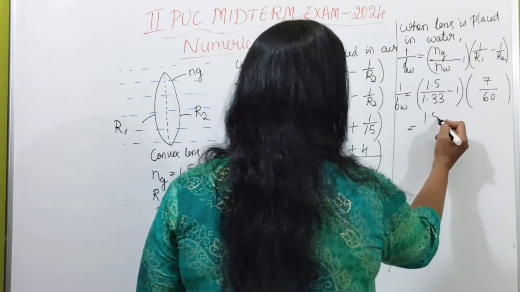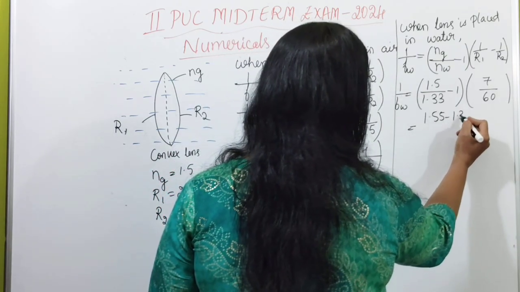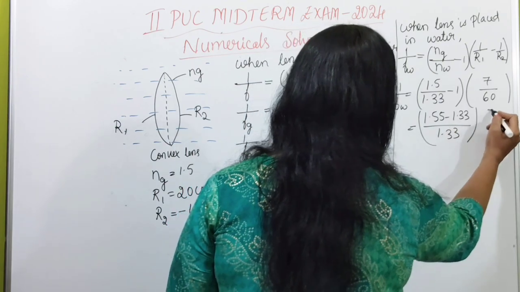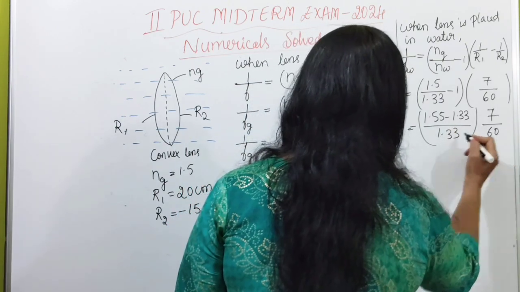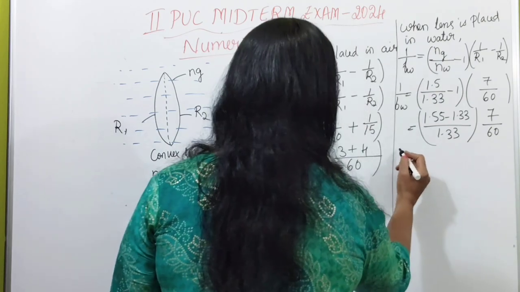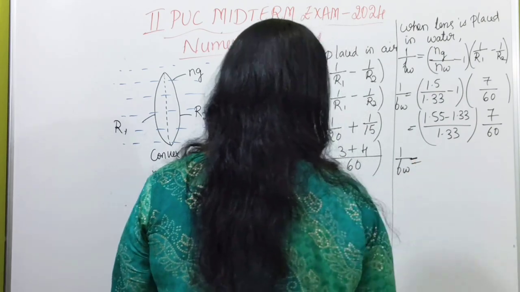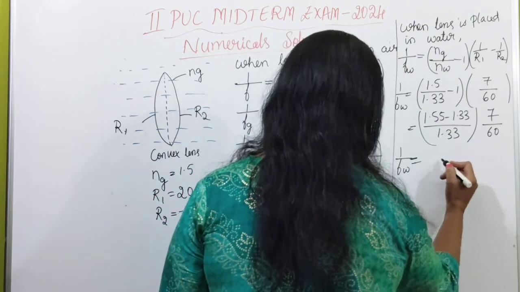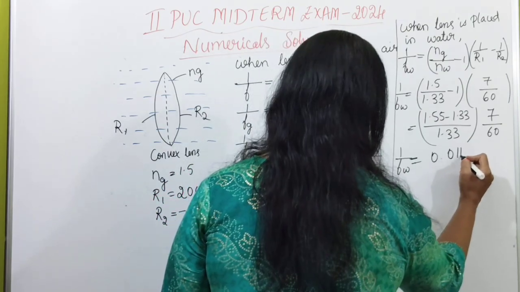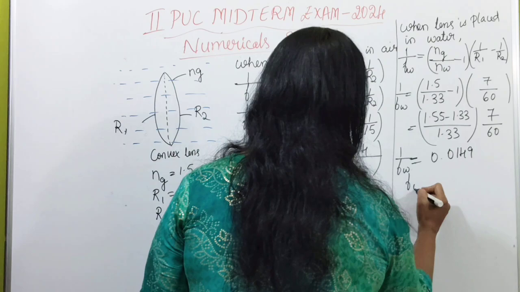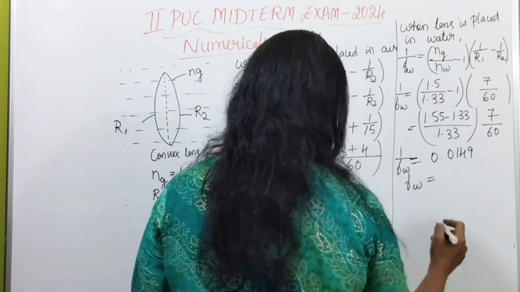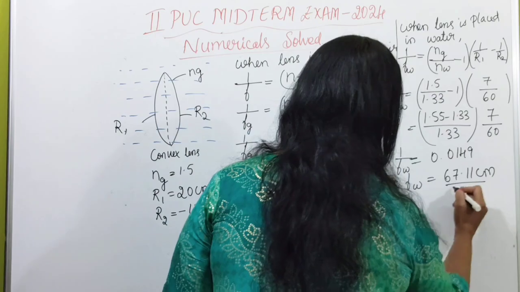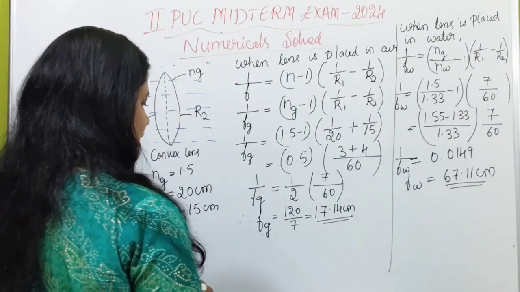Now 1.5 minus 1.33 divided by 1.33, into 7 by 60. Let us calculate. Here we'll come to know that it is 0.0149, and FW, take the reciprocal of this number, which will be 67.11 centimeter.